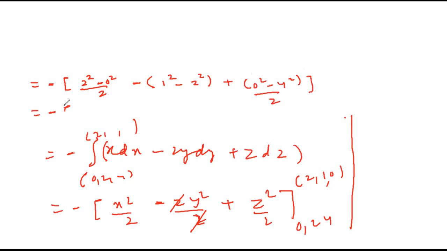So this will be minus of 2 square 4, 4 upon 2 is 2. Minus 1 square is 1, minus 4 will be minus 3. 1 square is 1, 2 square is 4. Minus 3 minus minus plus 4. Minus 4 square, 16 upon 2 is 8. This will become 2 plus 3, 5. 5 minus 8 is minus 3 plus 3.